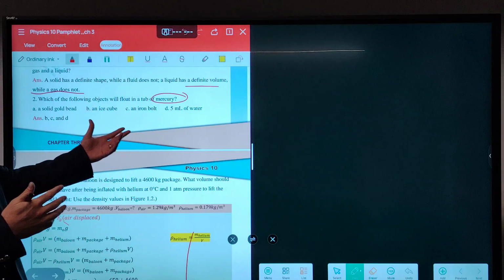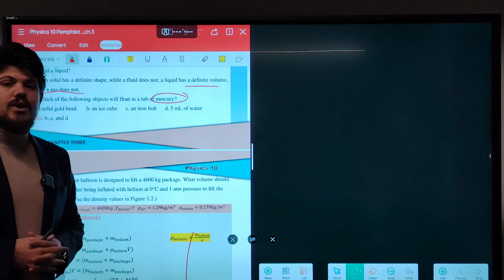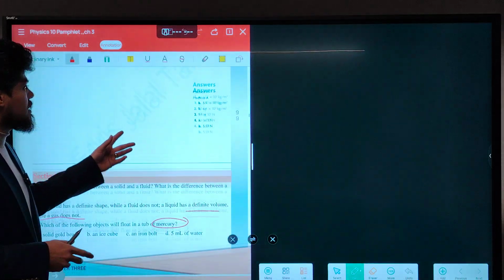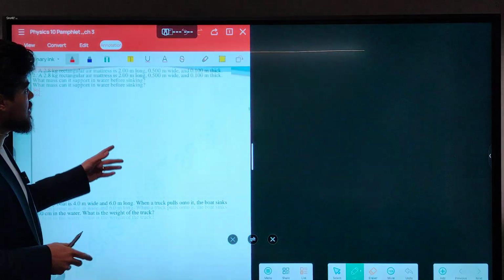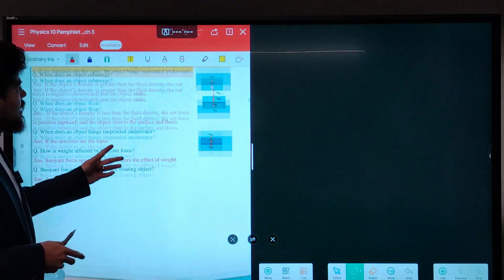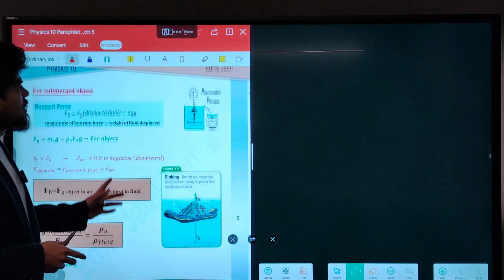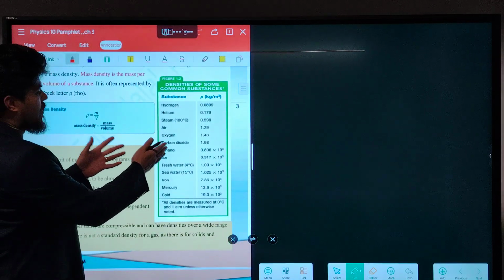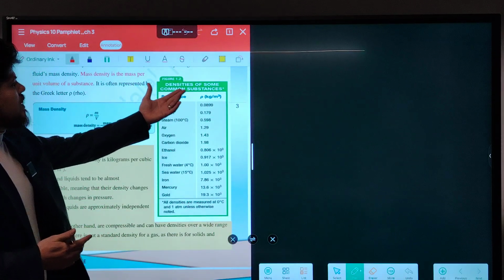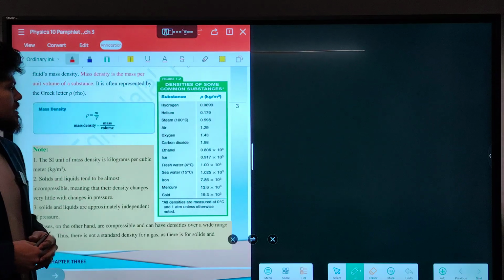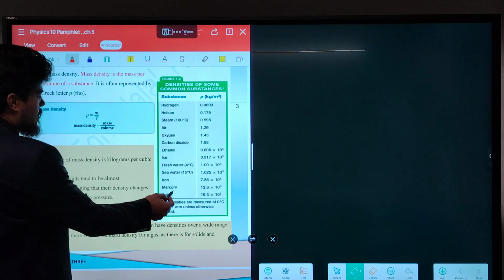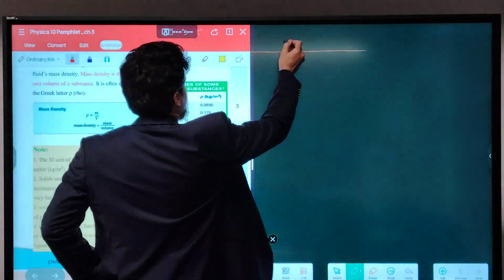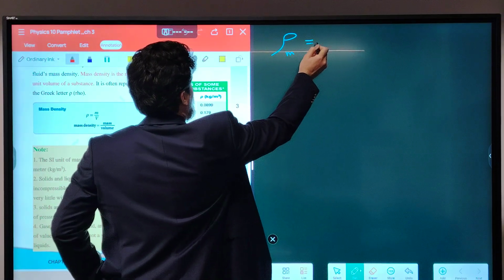If I bring this question in the exam, I will give you the table of the densities, as you can see in this table. Don't worry, for this question the teacher must give you this table, the table of the densities of some common substances.